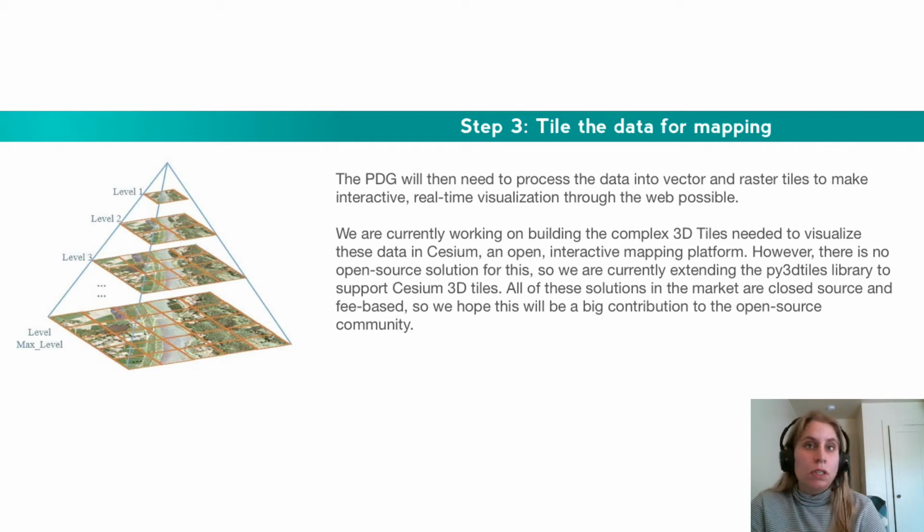And there's currently no open source solution for creating these 3D tiles in Cesium. So we're currently expanding this Python library called Py3D tiles to support the 3D tiles format. All of the solutions in the market right now that create the Cesium 3D tiles are closed source and fee-based. So we're hoping that this will be a big contribution to the open source community.